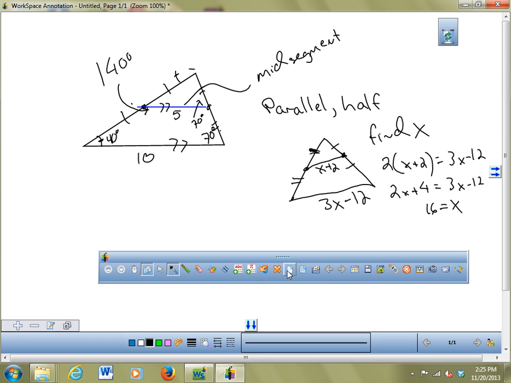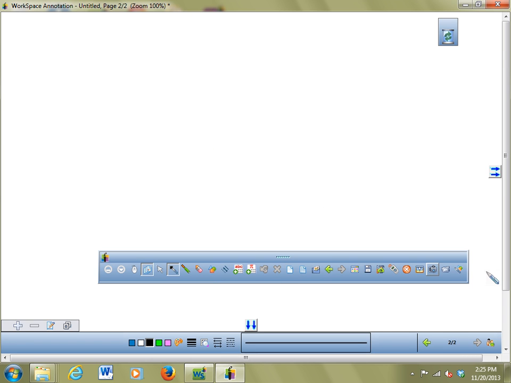The other thing that's true in a triangle, and this is something that is not immediate. Oh, that doesn't look like a triangle. Oh, is that cool or what? All right.